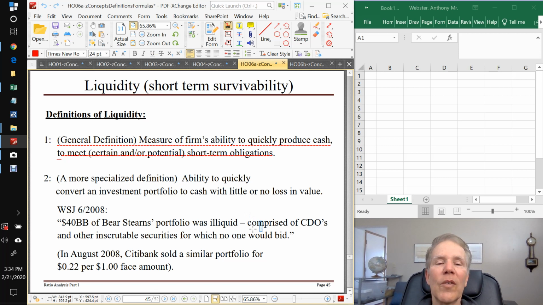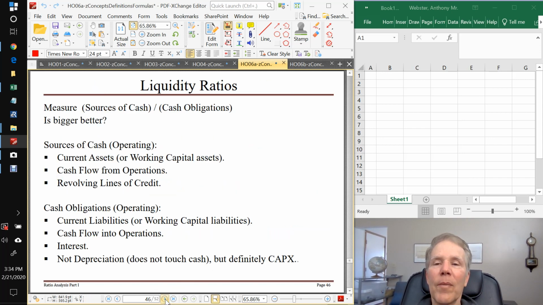It thought it was liquid, but it wasn't because nobody would buy the junk they had for sale that they thought they could sell. So our liquidity ratios are always measuring sources of cash versus cash obligation, something like that.